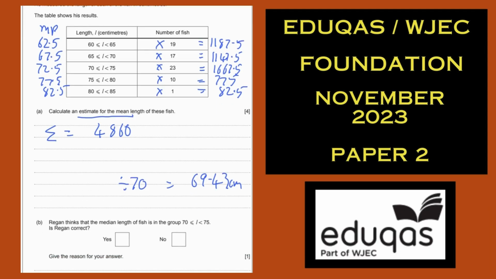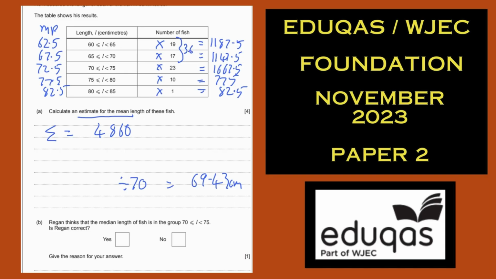Regan thinks the median, now the middle of 70 fish. If you want to be technical about it, the halfway point is just slightly above the 35th fish. It's the 35th fish, to be precise. But at the end of the day, the top 2 groups contain 36 fish.